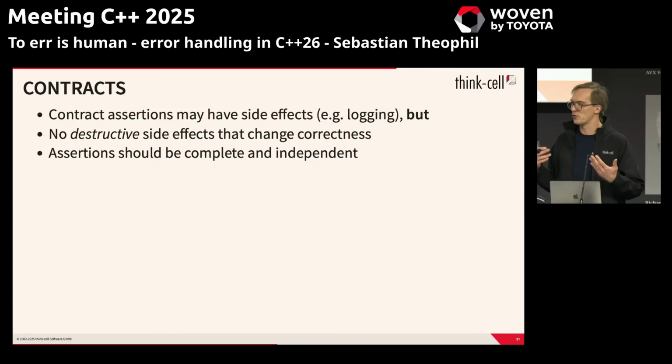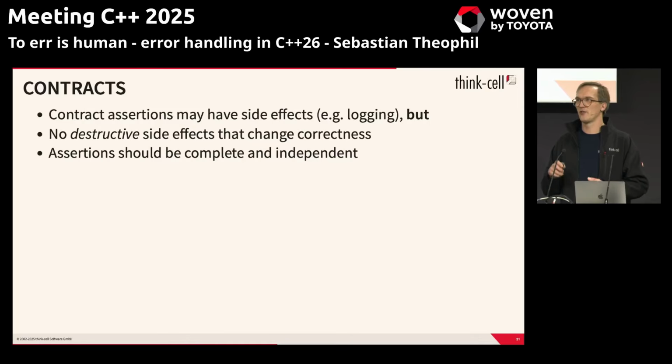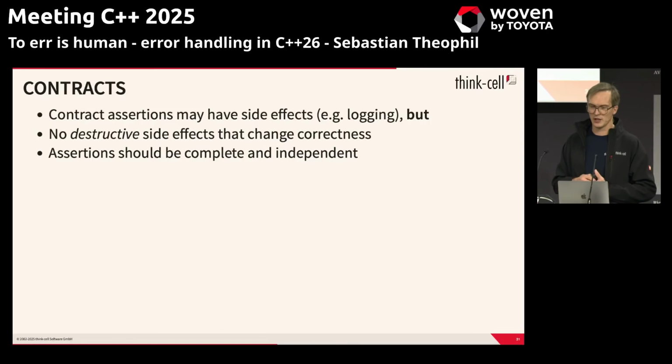So your program should, of course, still be correct if all contract asserts are disabled, if they are evaluated in a completely different order, or just a few of them are evaluated, because technically they don't want to guarantee that all of them will be evaluated all the time in the same order. So they should have no effect in a correct program.